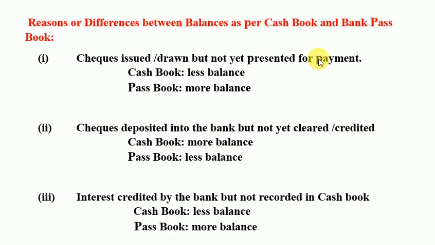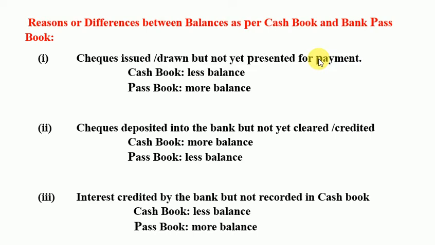Whenever checks are issued for payment by businesses, they are recorded on the credit side, that is the payment side, of the cash book immediately, the moment they are issued. But the bank will record the entry of those checks only when the checks are presented by those parties for payment.